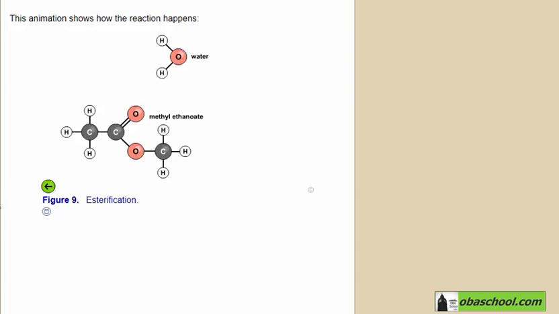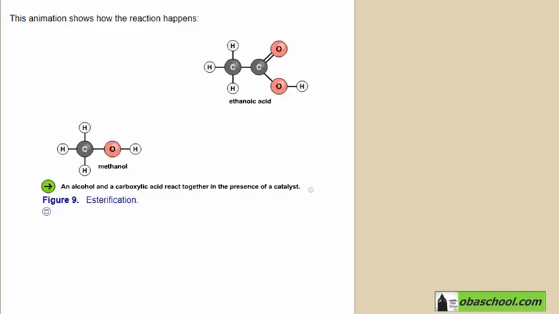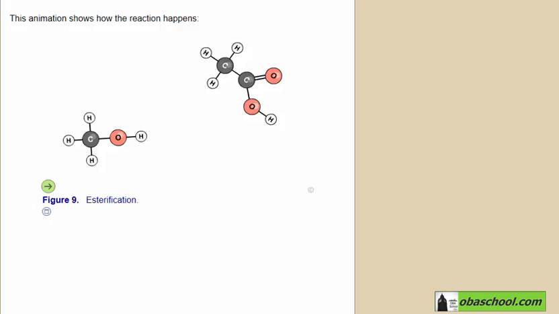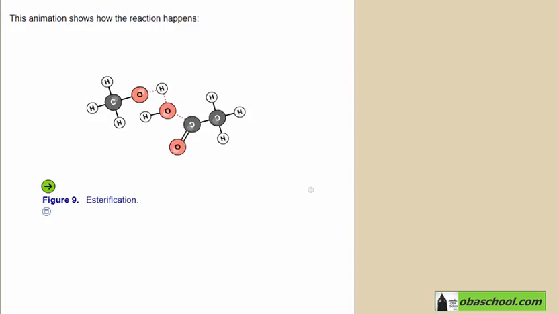Let's watch it again. So we will start with the reactants, which are methanol and ethanoic acid. The carboxylic acid, ethanoic acid, will lose its OH group, and the alcohol will lose its hydrogen. Pay attention that it will lose the hydrogen which is bonded to the oxygen atom, and not a hydrogen bonded to any of the carbon atoms in the chain.